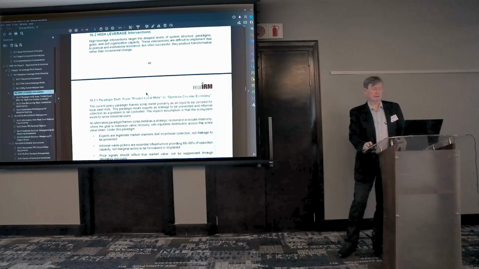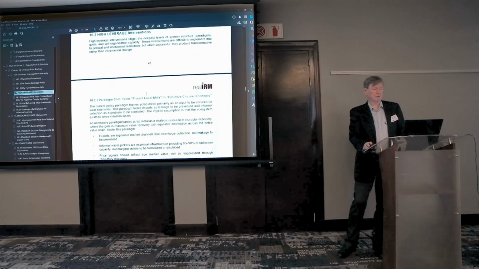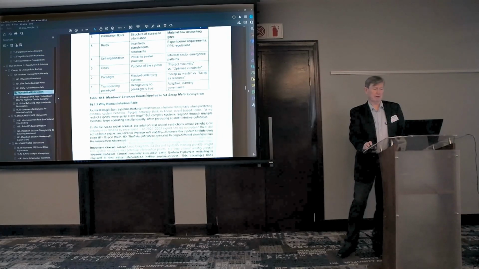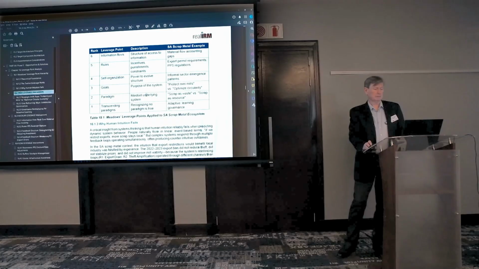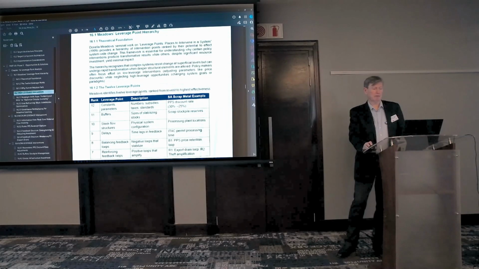Yes, this is getting back to the Donna Meadows work. This is very powerful stuff, where the 12 leverage points coming out of the Donna Meadows work are ranked from the low to the high.